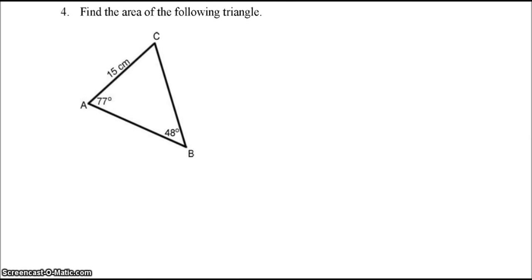Find the area of this triangle. So we know the area will be 1/2 the base times the altitude. So let's see, maybe we could put the altitude right here.